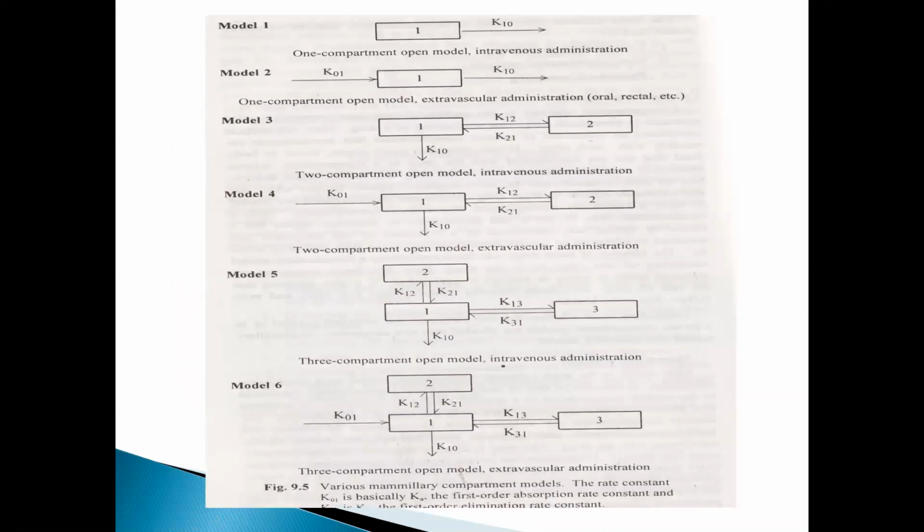We can see here, in case of two compartments, did you see model 4? You see there are two compartments and there are four rate constants: K01, K10, K12 and K21.